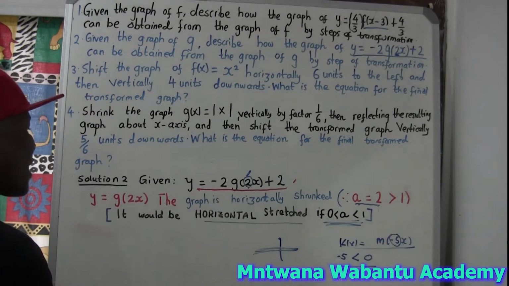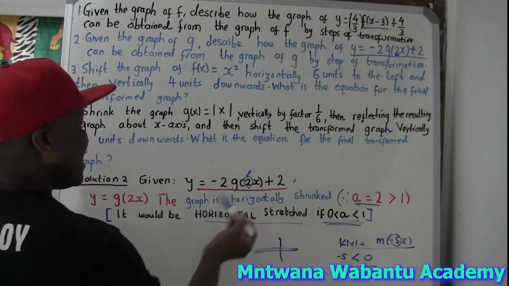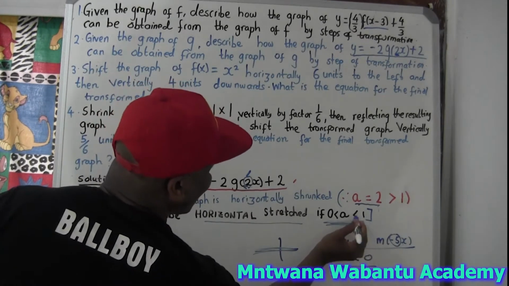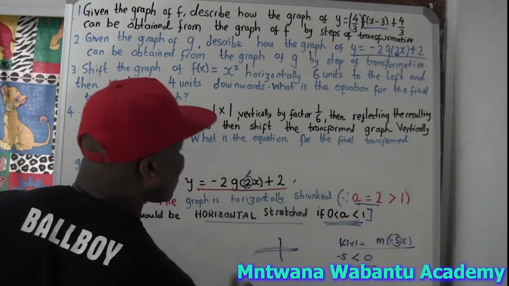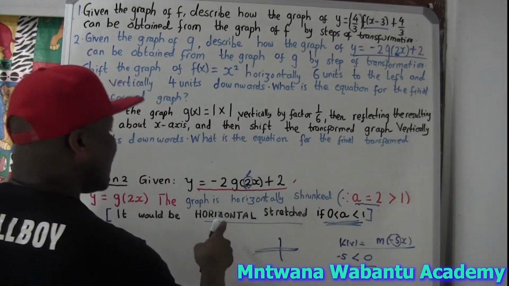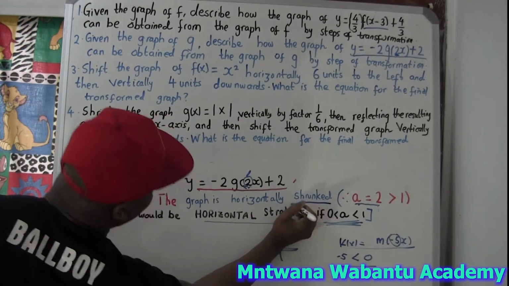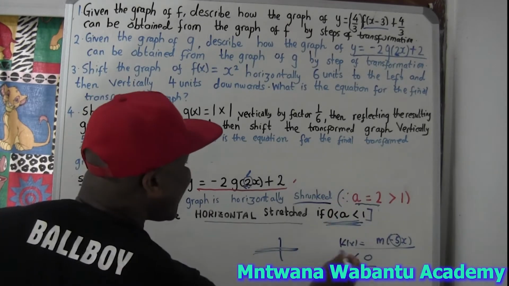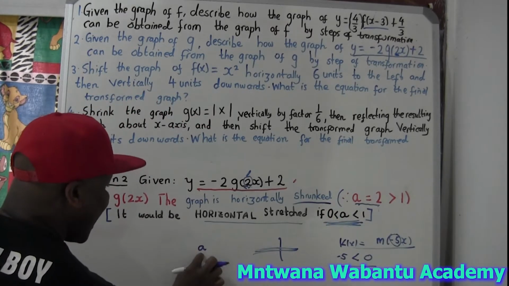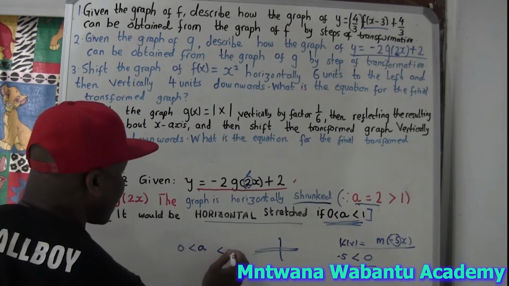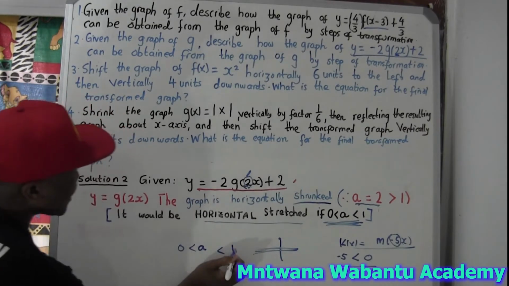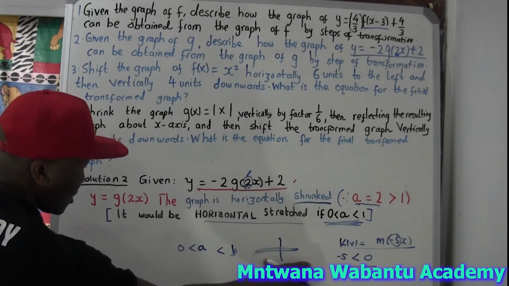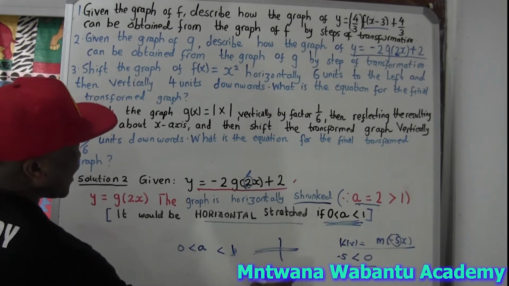For this case, this number is bigger than 1, because for it to be stretched, it has to be between 0 and 1. Since it's bigger than 1, this is a horizontal shrunk. If it's out of this range, it can be any number, like 2, 5, -3, -1.5, so it's going to be shrunk.